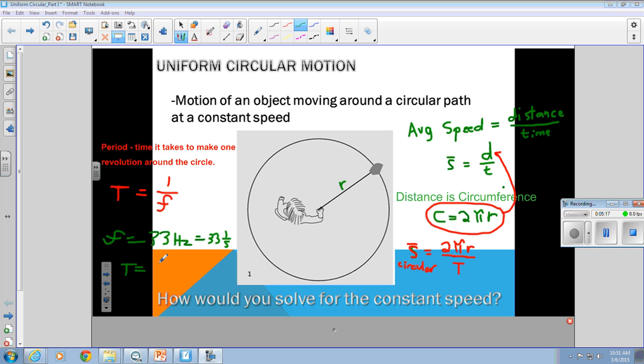So the period is 1 over 33, or 0.0303. And if we're taking 1 over hertz, or 1 over s, we get seconds. So the period has units of seconds, like it should. And what that's telling you is it takes 0.0303 seconds to make one complete revolution. And that's why the period is important for getting our constant circular speed.